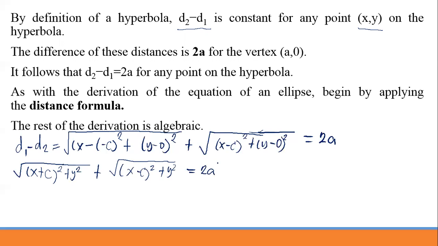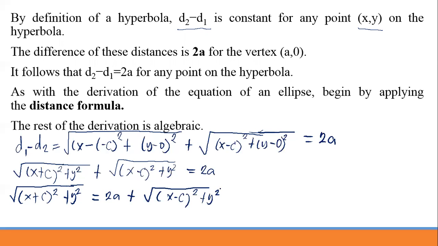And then move radical to opposite side. So if we are going to move radicals to opposite side, so the result would be the square root of the quantity x plus c squared plus y squared equals 2a plus, yeah, the square root of x minus c squared plus y squared.